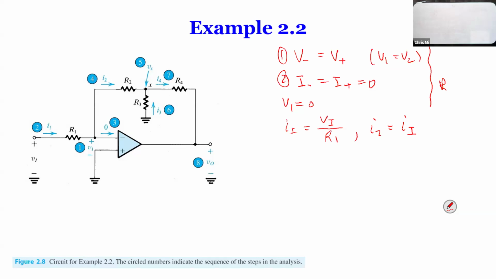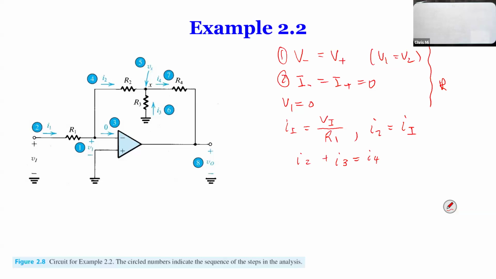But fortunately, we can write the nodal analysis on Vx, right? So we can write I2 plus I3, or the current coming in, equal to I4.